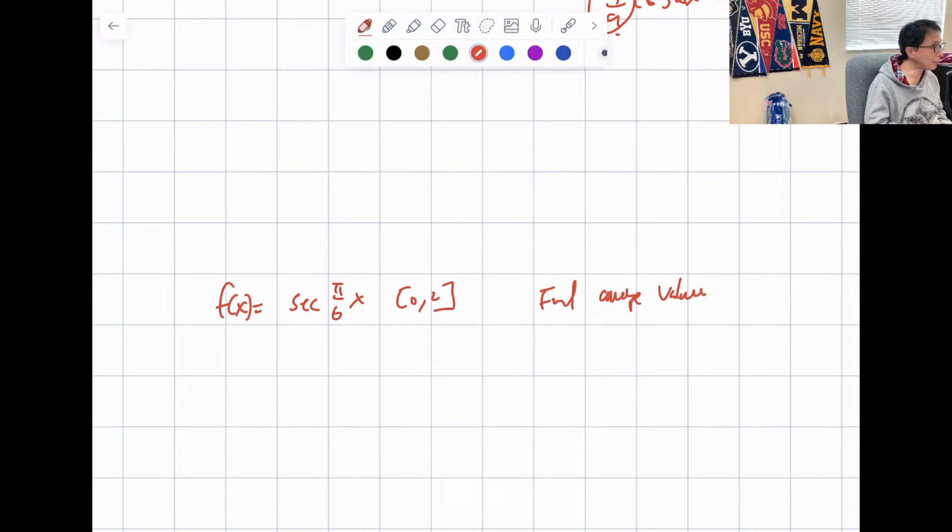Do you guys know how to find average value? It's 1 over b minus a, integration of f of x dx. So that means 1 over 2 minus 0, integration from 0 to 2 of secant of pi over 6x. Now remember that inverse part put in the front?